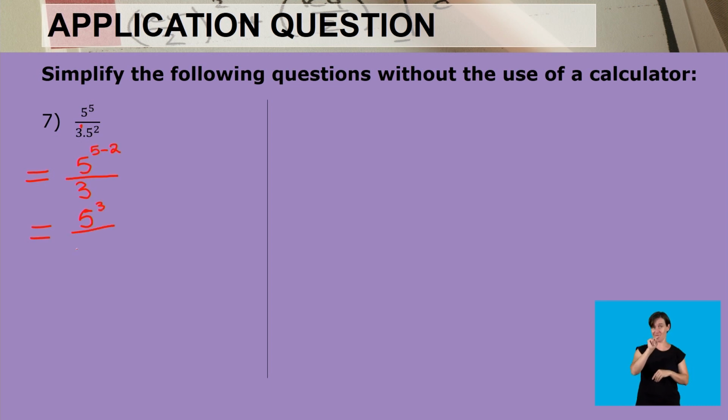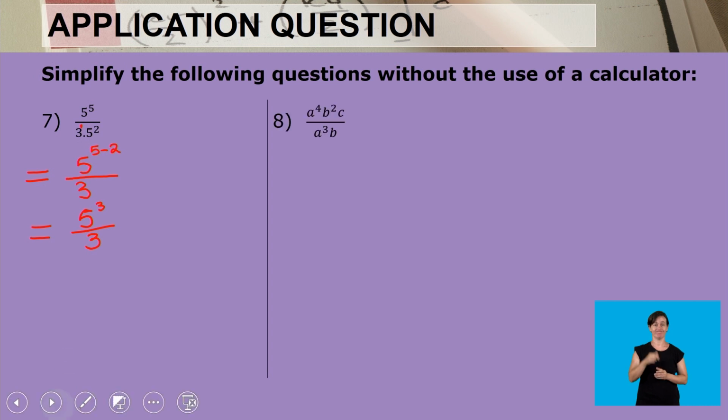And as a denominator, we have that 3. And that would be our final answer. Now, why are we not dividing these two powers, or why are we not subtracting the exponents of these two powers? Well, of course, we are not going to subtract those exponents because the bases are not the same. So yes, it is division of powers, but the bases are not the same. Hence, that is going to be our answer over there.